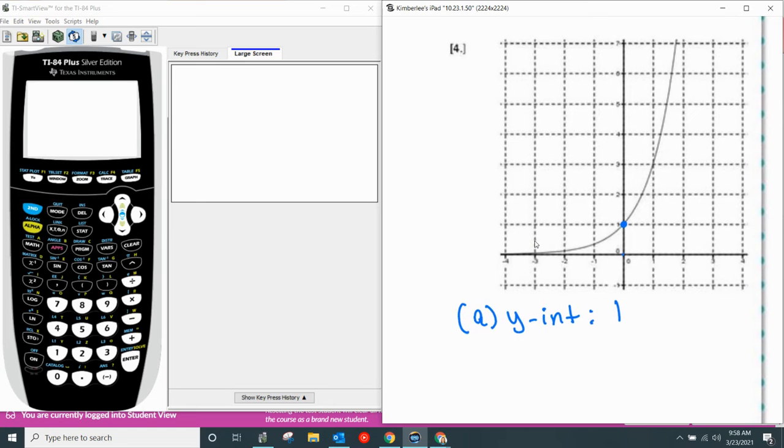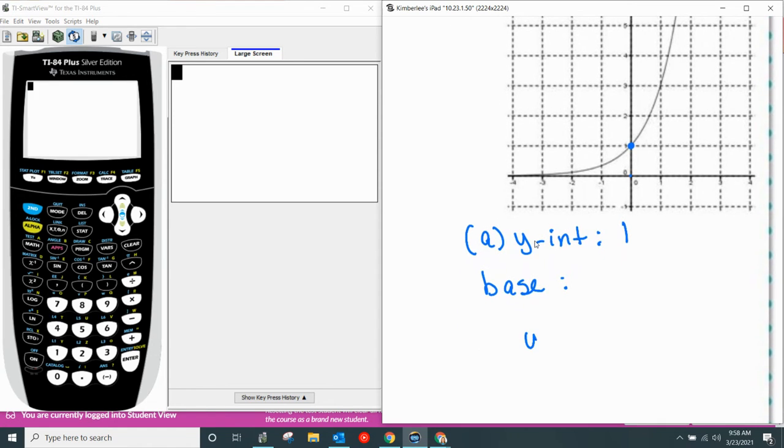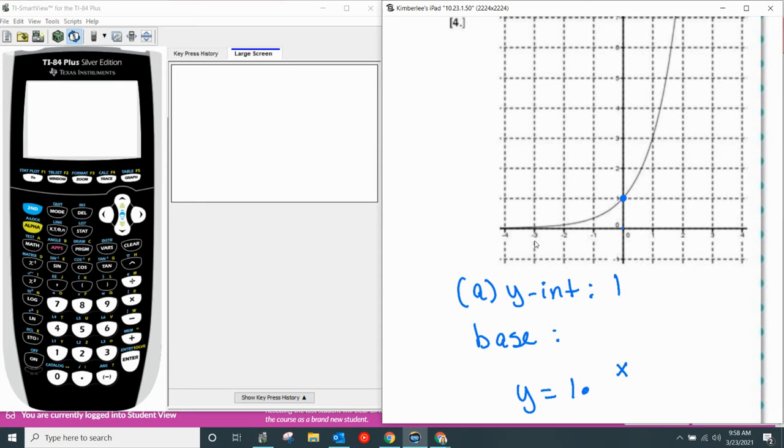Now, to find our b value, our base, that's the b value of our equation. So we literally could write our equation after this. We could say y equals, well, our a value is 1, times our base raised to the power of x. Here's how I suggest doing this, and we're going to use the calculator.